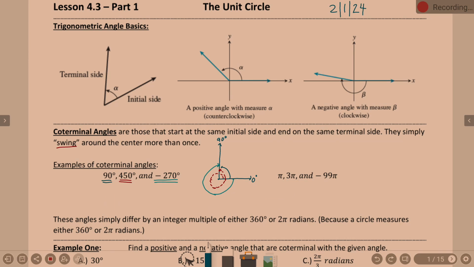Okay. We have three supposed coterminal angles. So first of all, pi. Have you learned what pi is yet? 180, yes. Remember when we convert from degrees to radians or radians to degrees, you're multiplying by pi over 180 or 180 over pi. So 1 pi is equal to 180 degrees.